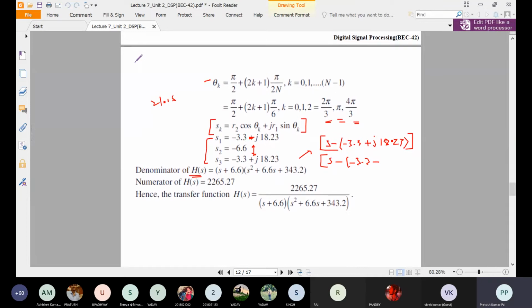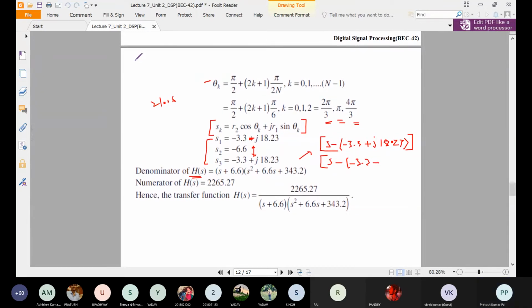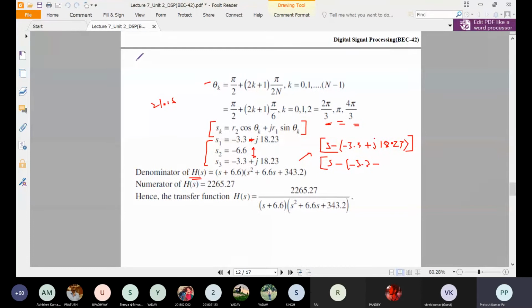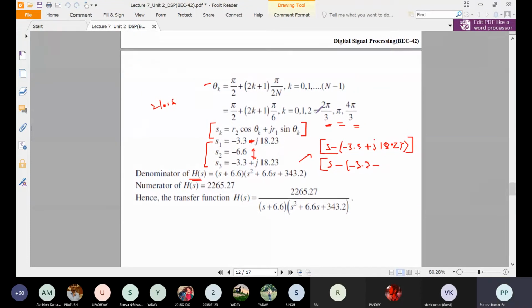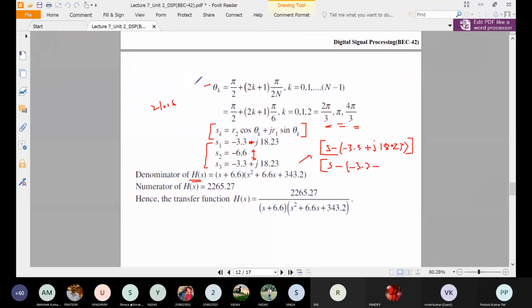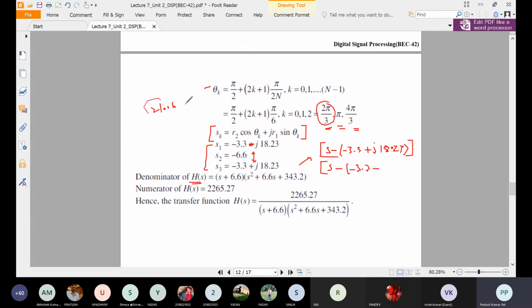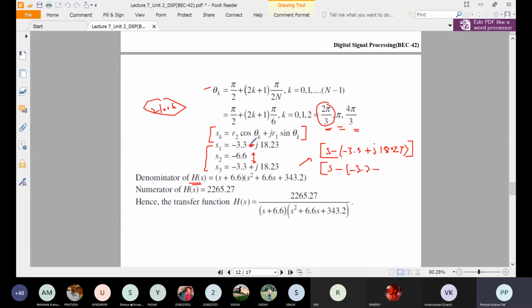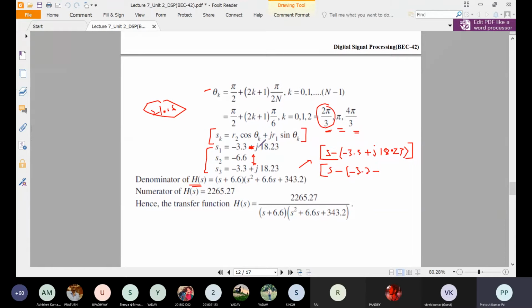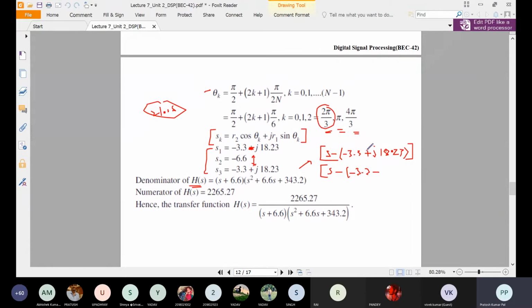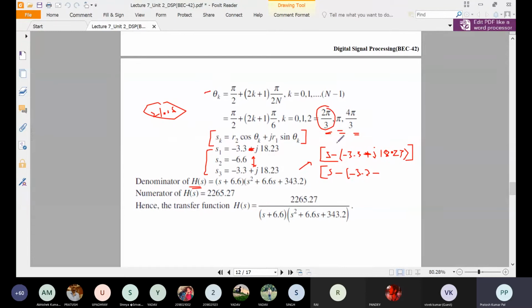It will be in the fourth quadrant, no? So this value will be in the fourth quadrant, and at that time it will be a negative value. This first term will be a negative value because sine theta is negative. So here it should be minus.